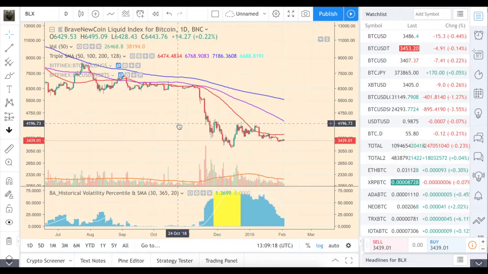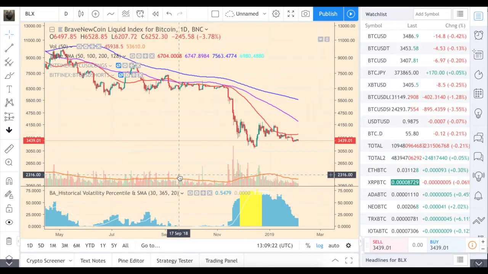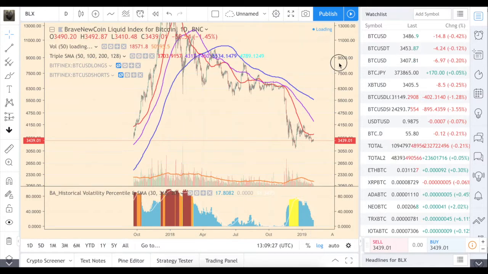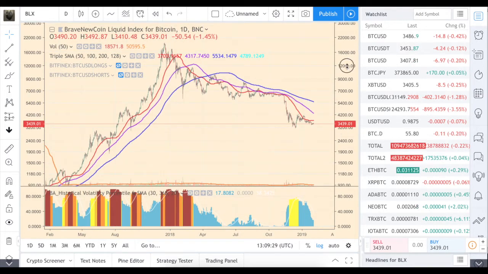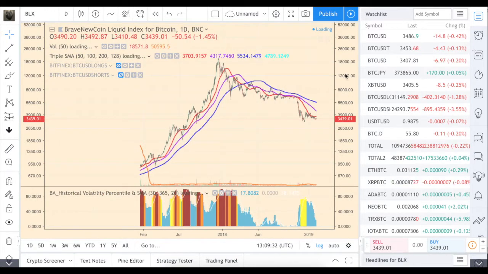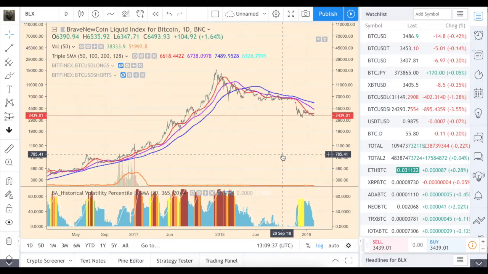And actually, just a few videos ago, we were talking about this other indicator, which is called historical volatility. Basically, it is showing how the price changes, how the volatility of the price is with respect to the previous period of time.